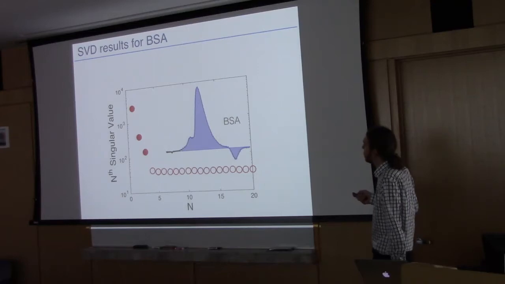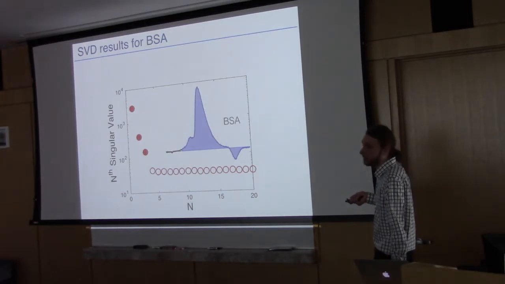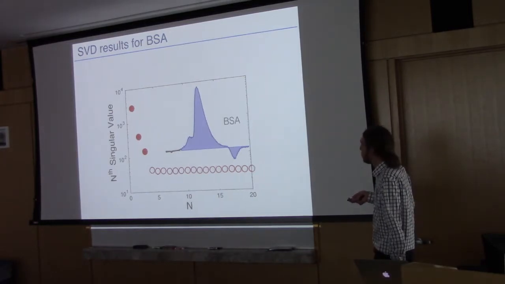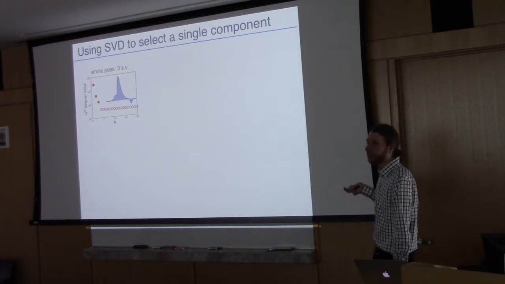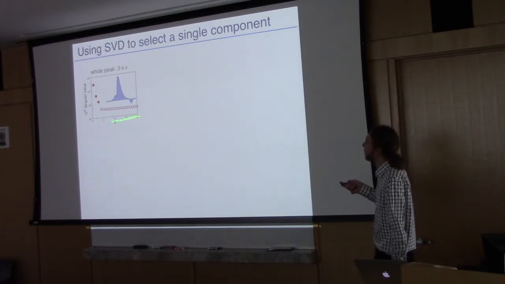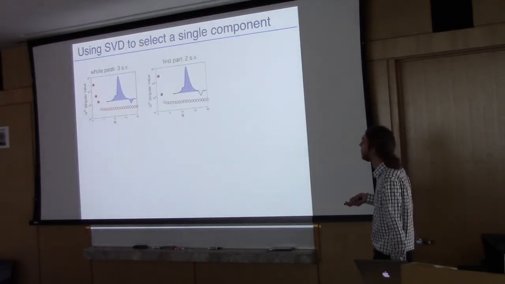Another way that this is useful is, okay, I'm looking at this peak, and I want to select a part of the peak to average. How do I do that? If we do the SVD of the whole peak, we get 3 singular values. So we obviously don't want to average all these curves together because there are 3 separate components in there.